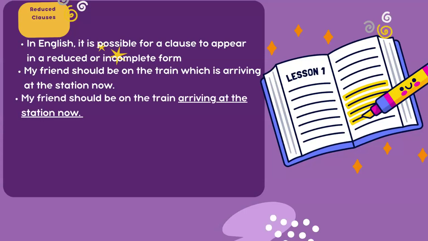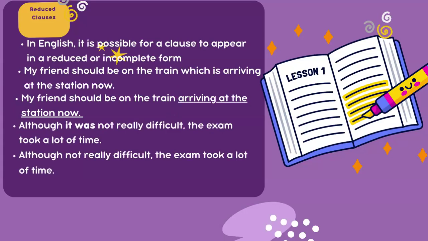Let's see the reduced form. My friend should be on the train arriving at the station now. If you see, we were able to eliminate "which is." This is what a reduced clause is. Instead of "which is arriving," we change to "arriving at the station." Let's see another example. Although it was not really difficult, the exam took a lot of time.